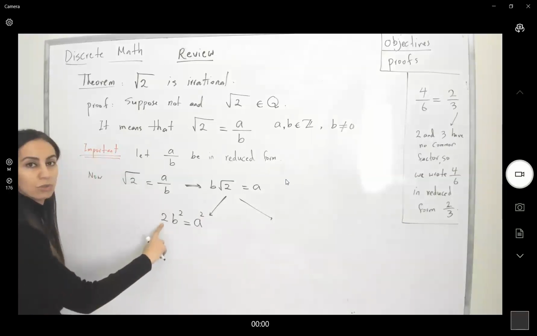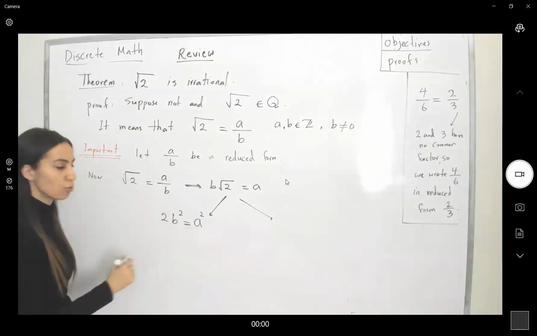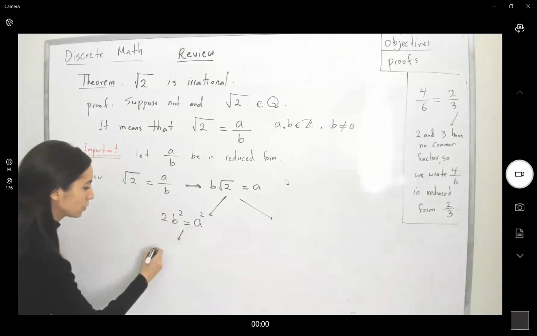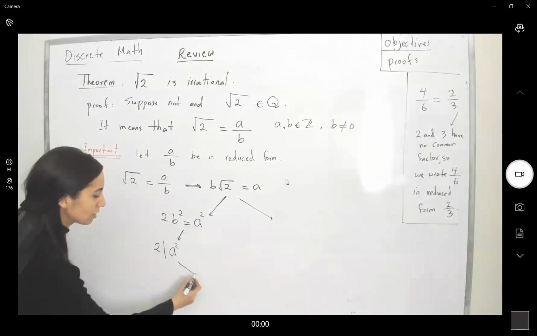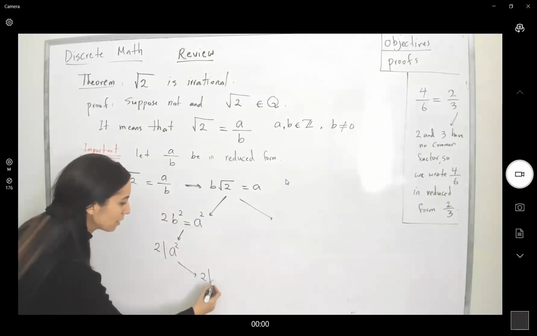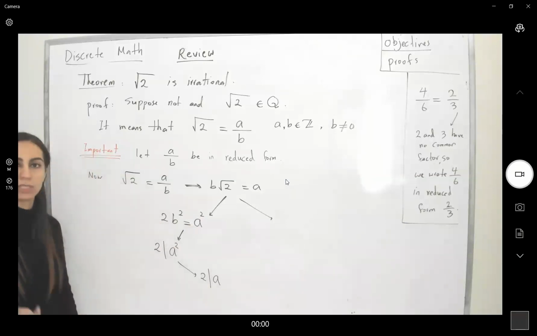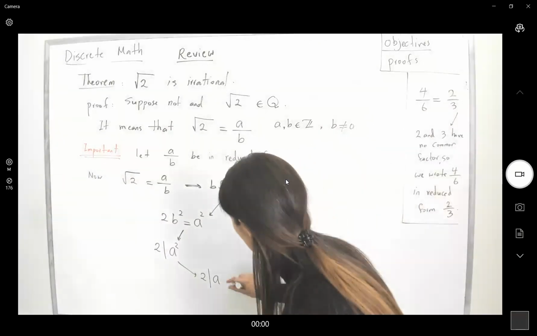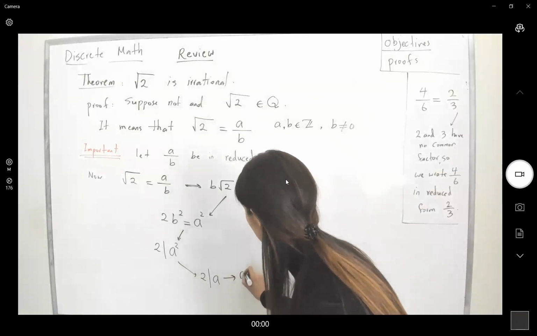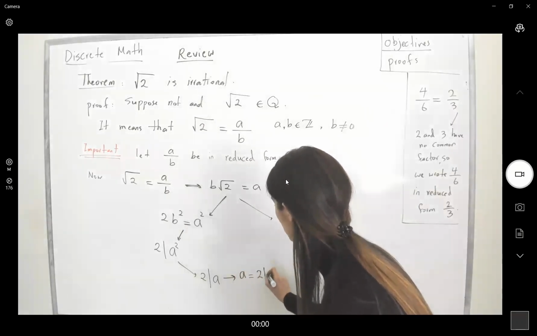It means that 2 is a factor of a squared. So 2 is a factor of a. It means that a is even. So a is equal to 2k.